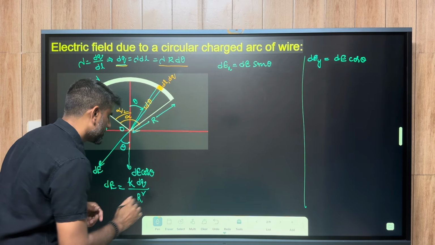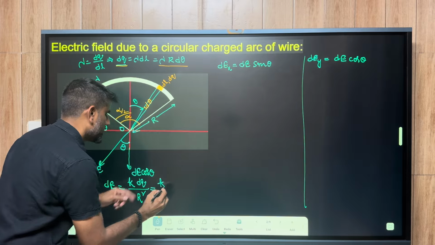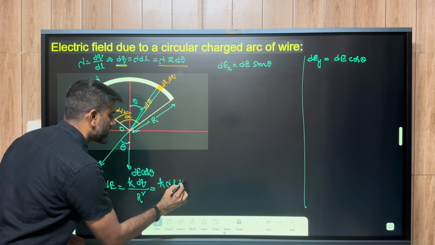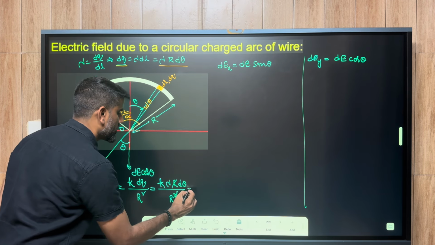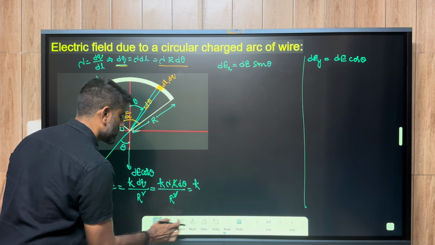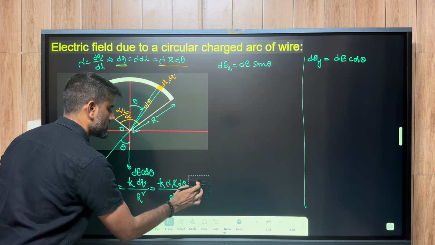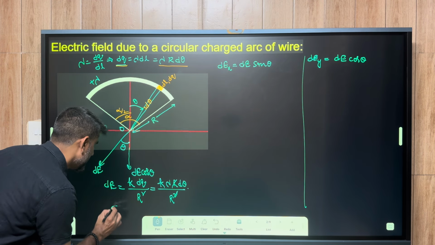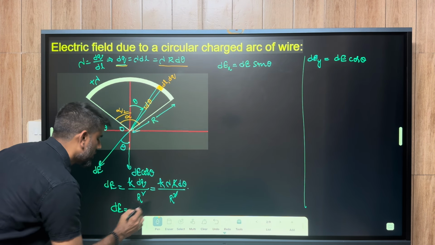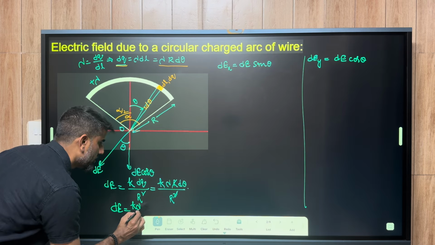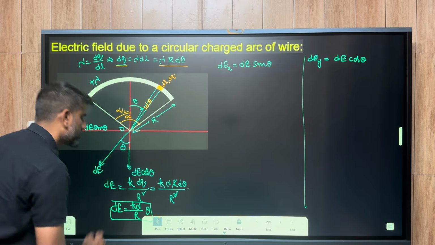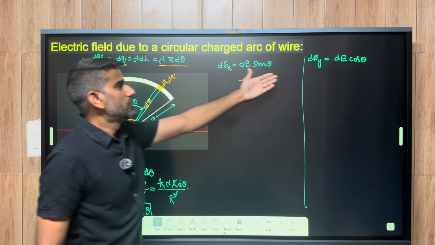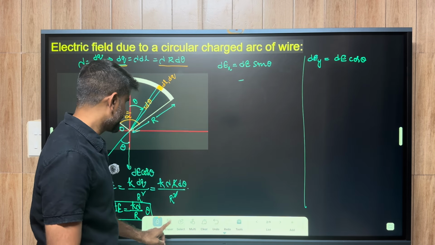If I replace it here, k lambda r d theta by r squared, one r cancels and we get dE is equal to k lambda by r d theta. This is the expression that we are going to use in the further equations.